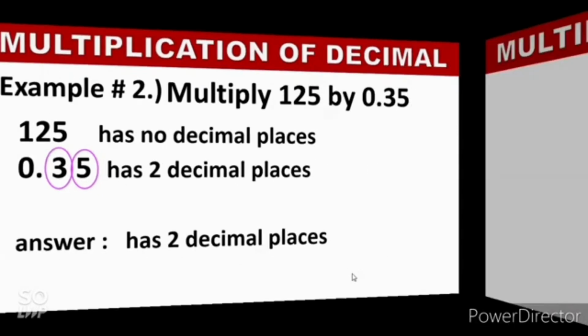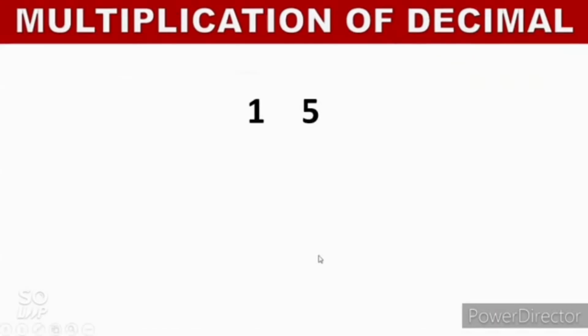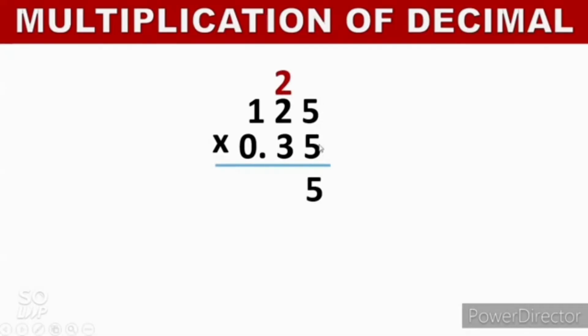Now let's have the solution. We're going to multiply 125 times 0.35. 5 times 5 is 25. We write 5 and then carry 2. The next, 5 times 2 equals 10 plus 2 equals 12. Then carry 1.